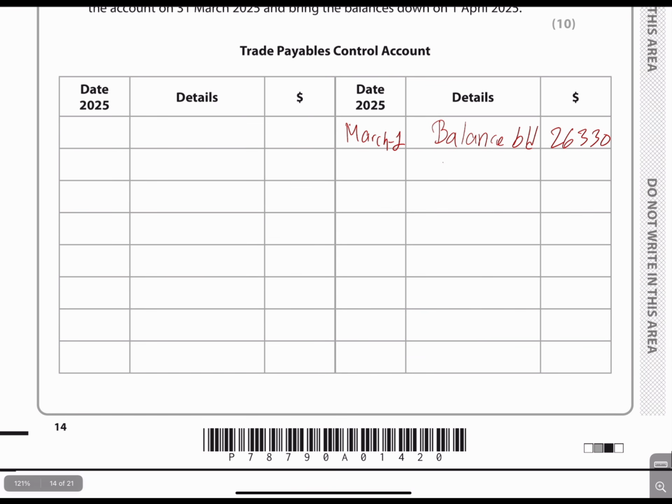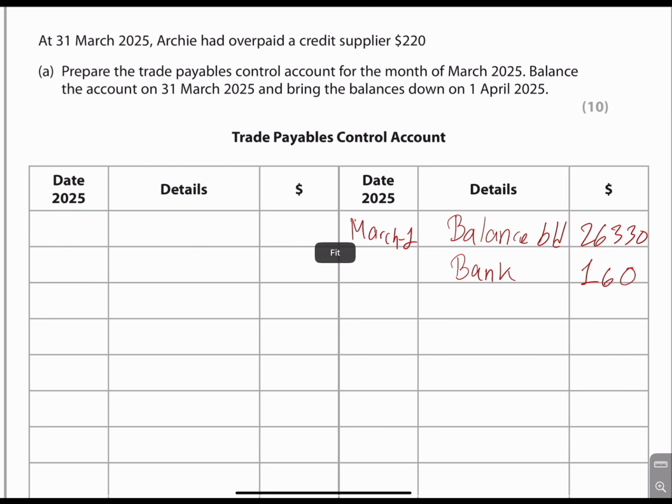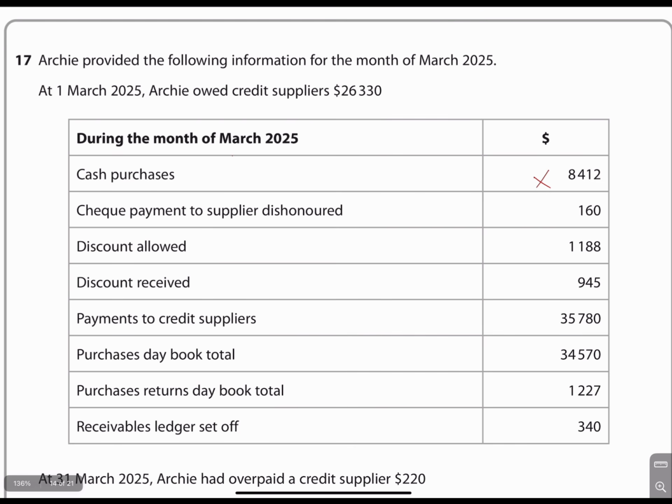So you can either write dishonoured or you can write bank 160. You can also write cash book as well. So 160, right side. Now whatever transactions you do, make sure to give the last date of the month. This is the information that we have at the end of the month.